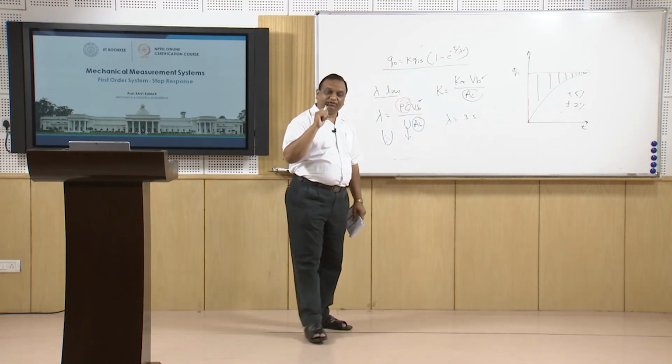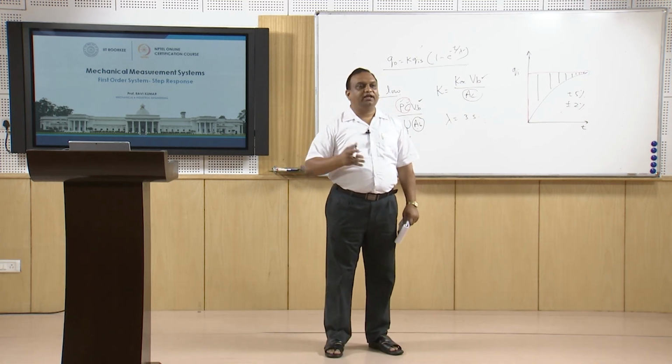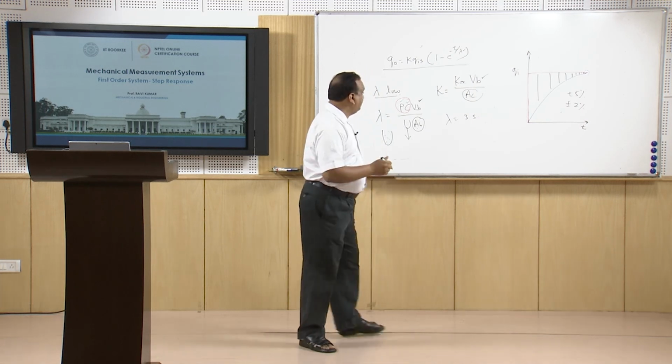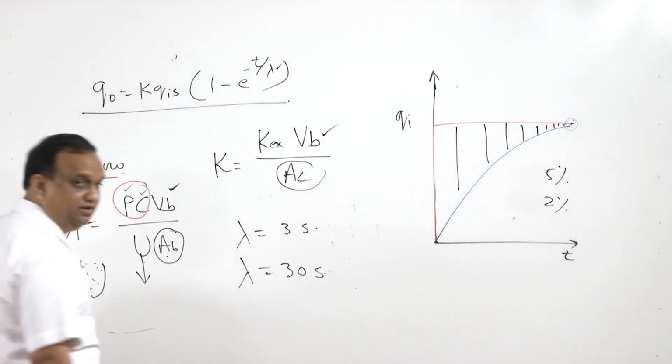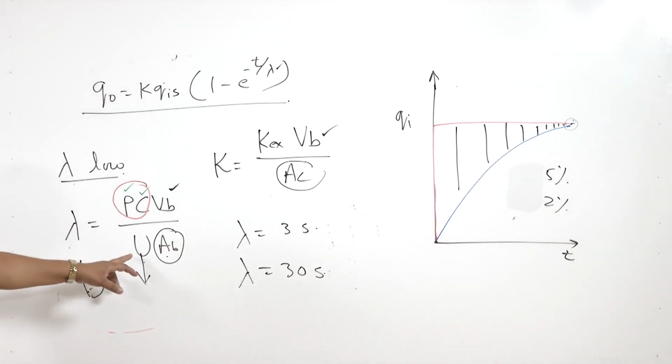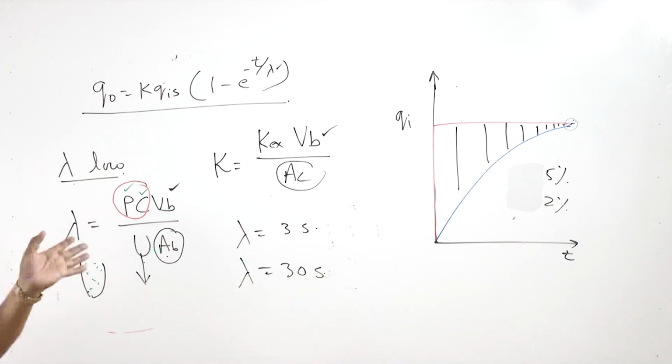Another application of the same thermometer: I want to measure room temperature, and the air is not moving. The time constant may be 30 seconds, because the time constant will depend upon U. So, there is no fixed time constant for this type of thermometer.